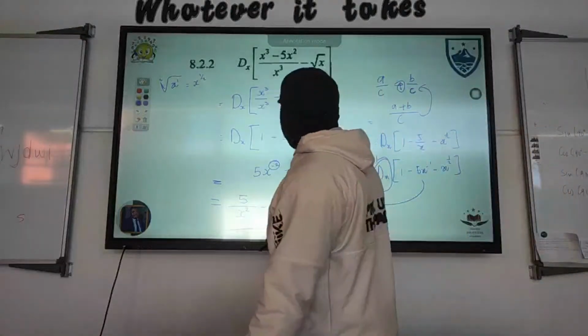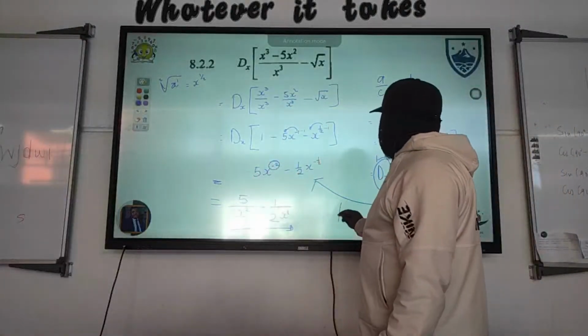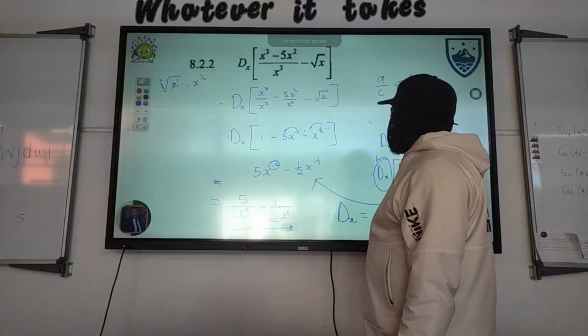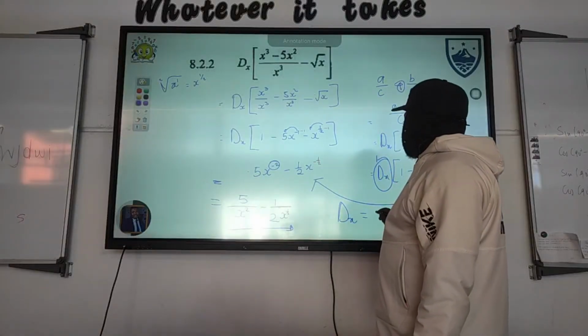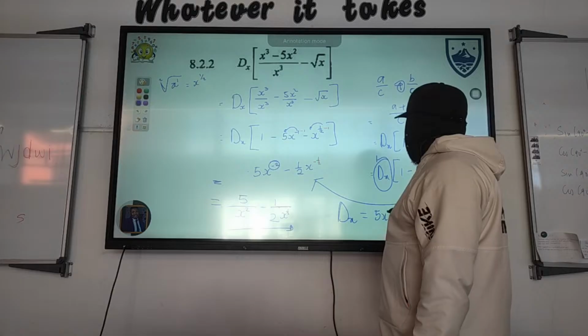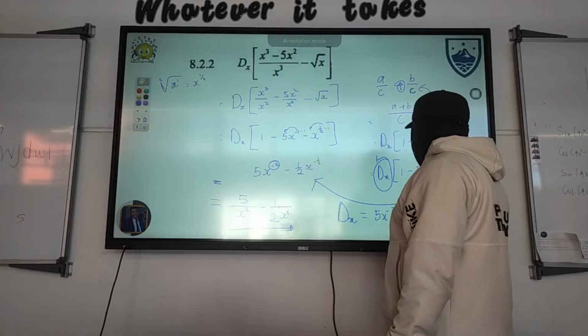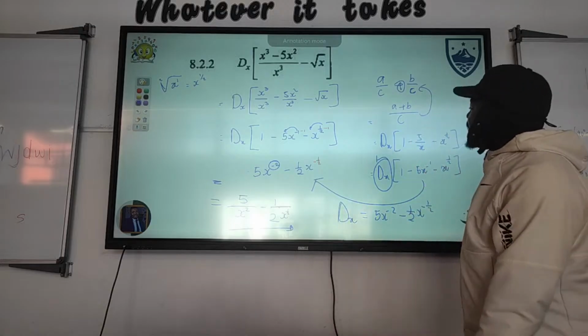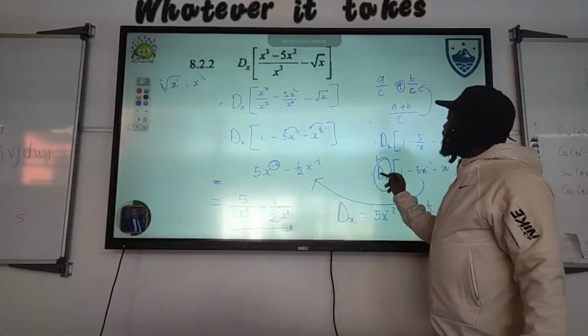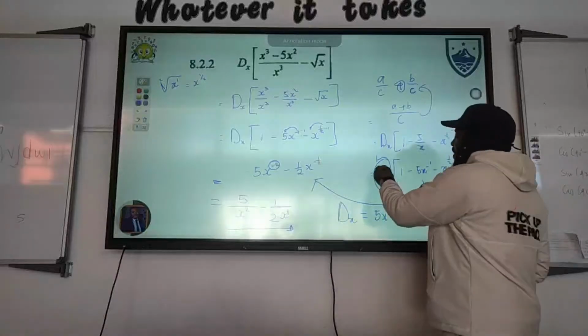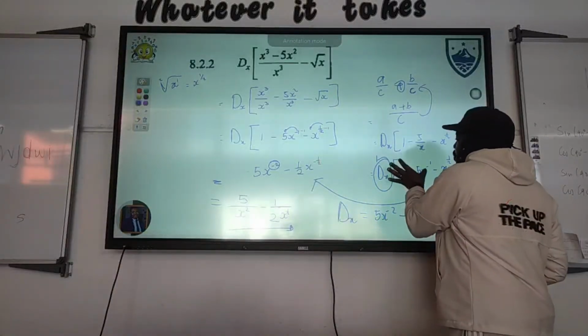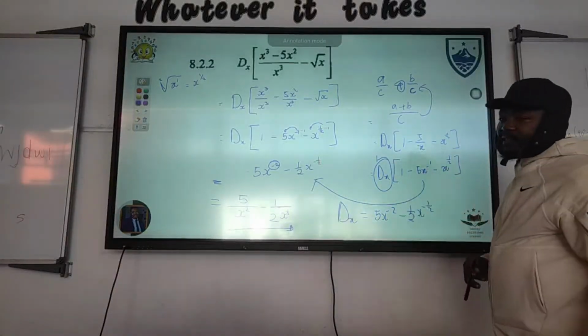And please don't write this. It's incorrect. It just disappears. This says differentiate in terms of x whatever is in the bracket.